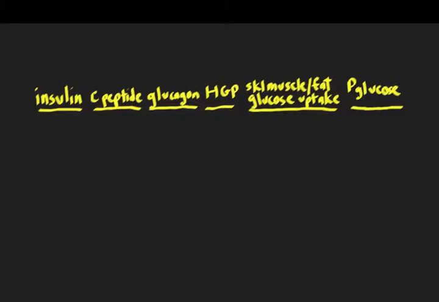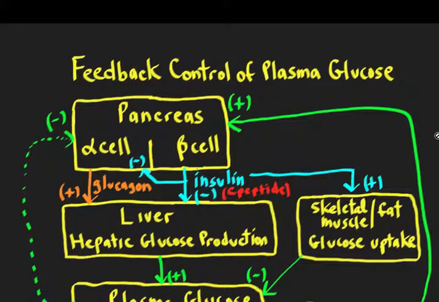Okay, we can start with the well-fed state. You go over here, and let's put eating. Let's say you're eating a bunch of carbohydrates or something. If we think about where that would fit in first, eating really would have an effect on plasma glucose first.